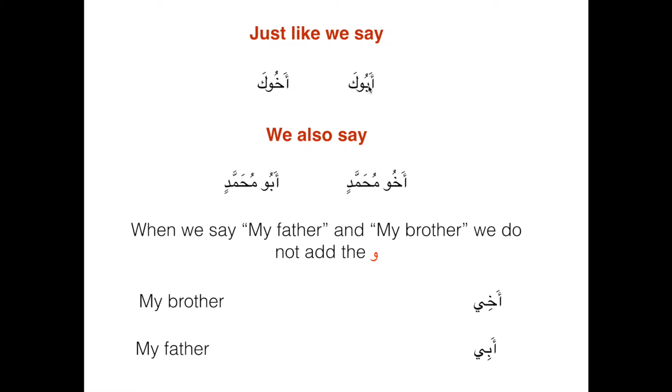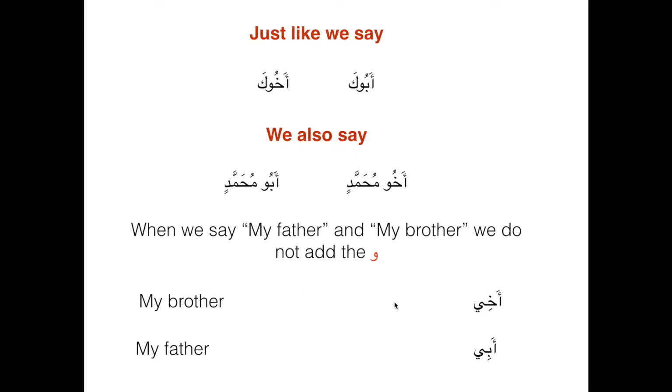As well, when we say abuka and akhuka, instead of the possessive pronoun, we can also say akhu Muhammadin. Instead of taking the kaf, the possessive pronoun, we actually add a noun. Akhu Muhammadin. So this is mudaf ilayh. Akhu Muhammadin, Abu Muhammadin. Notice that the waw is present as well.